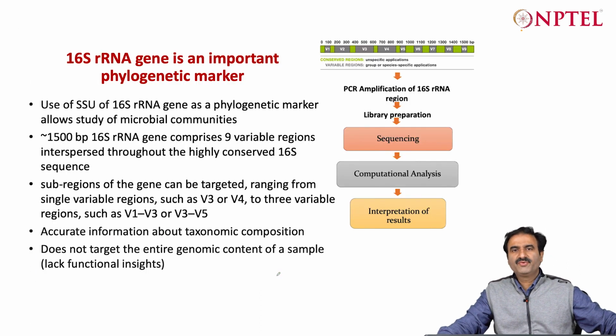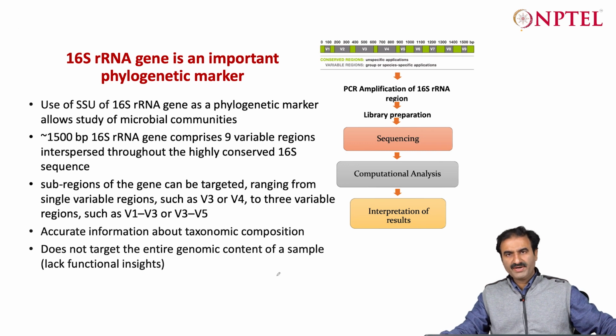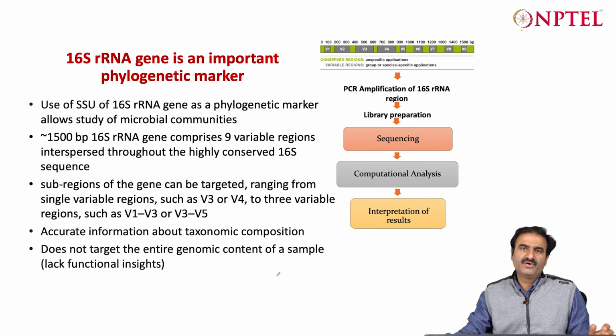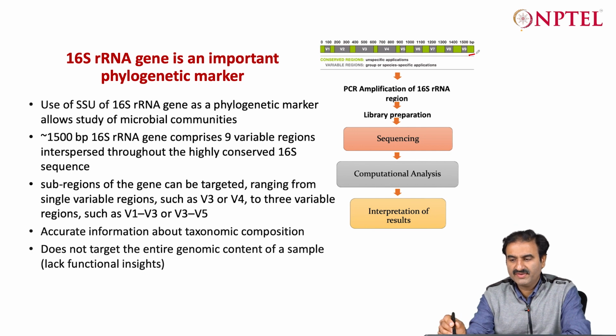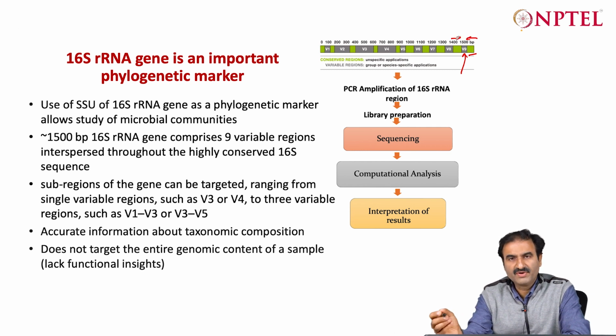Okay, the 16S ribosomal RNA gene is a very important marker for the identification of these microbes, because it is present across all the bacteria, and it has both conserved regions, this green one is conserved, and V1 to V9 are the variable regions. So it has a combination of both conserved and variable regions, and you can design primers from the conserved regions and access these variable regions, or amplify the entire gene, which is approximately 1.5 kb in length.